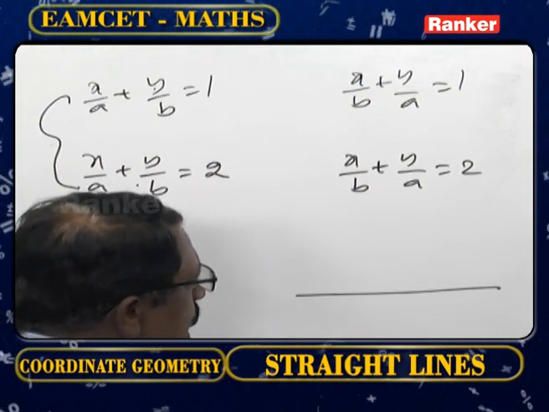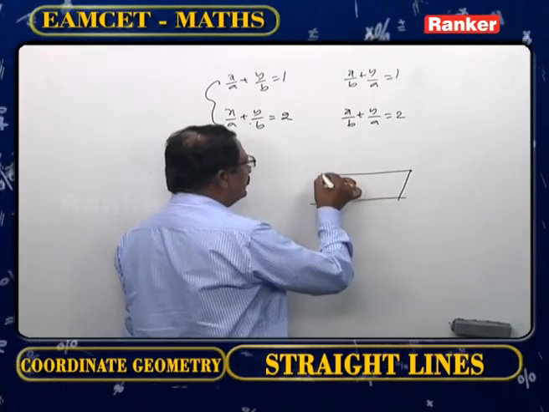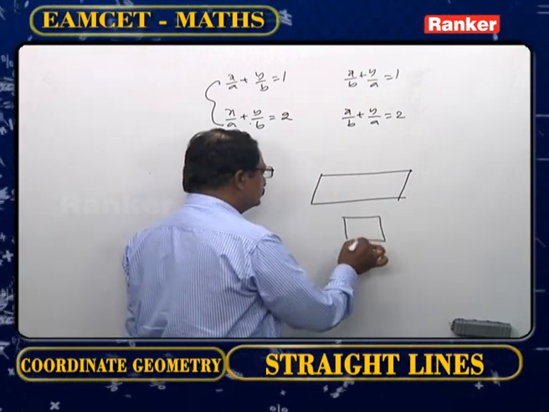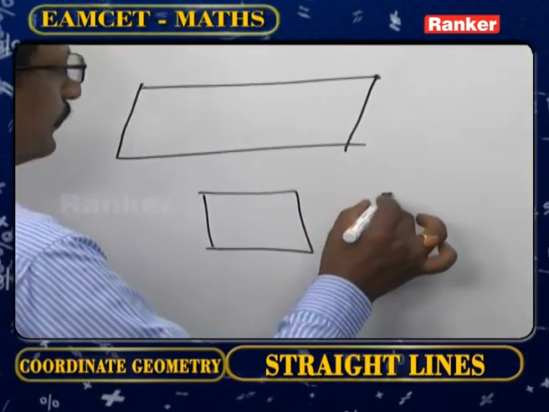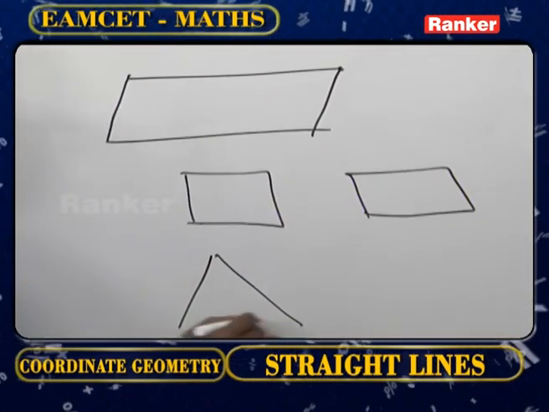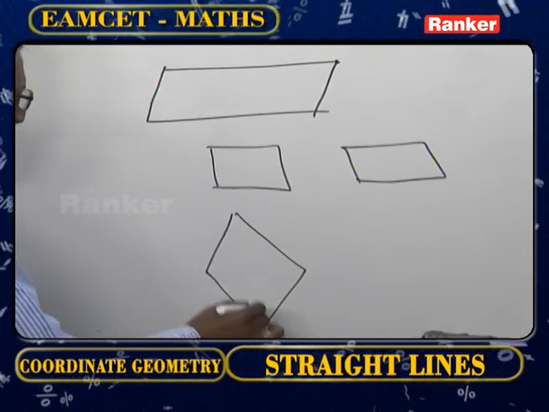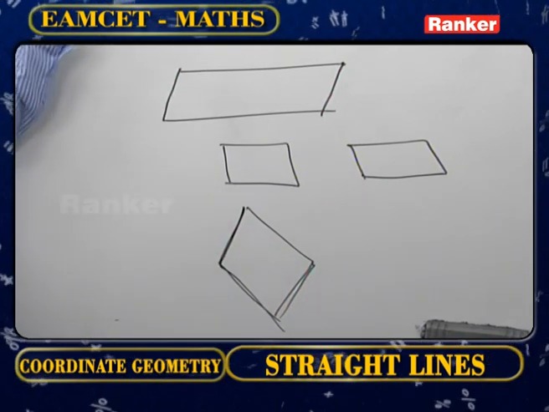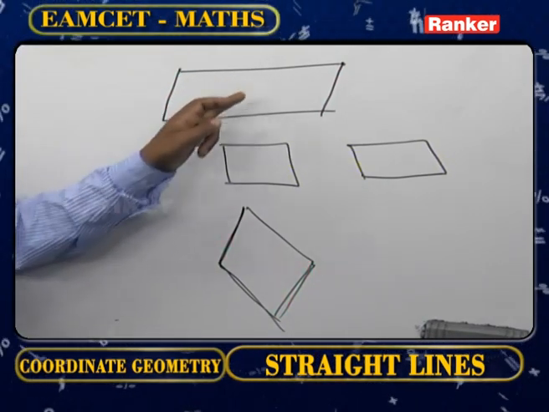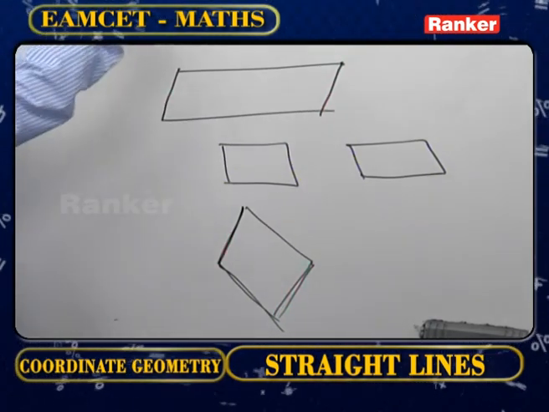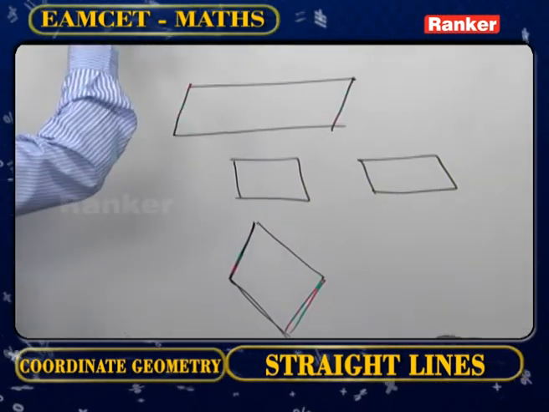Now the lines form a parallelogram or square or rectangle or rhombus. The given lines form one of these, but adjacent sides are not perpendicular to each other.